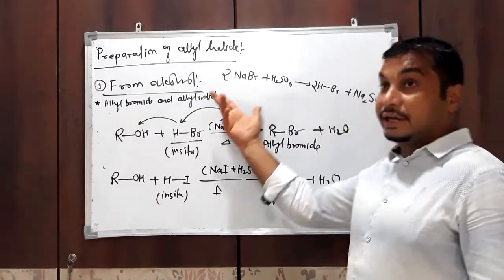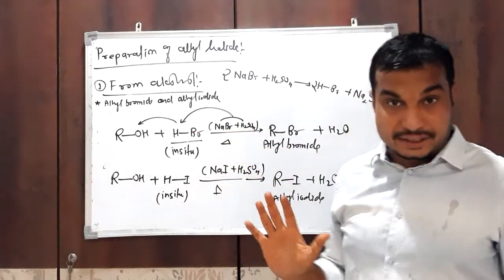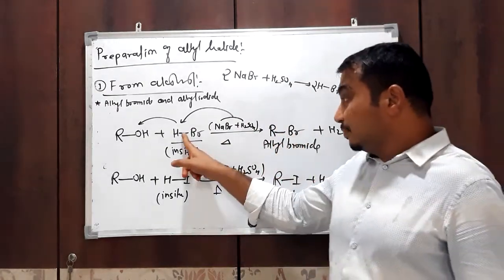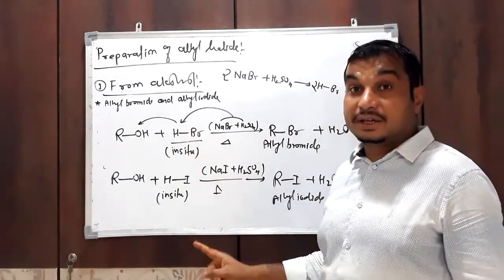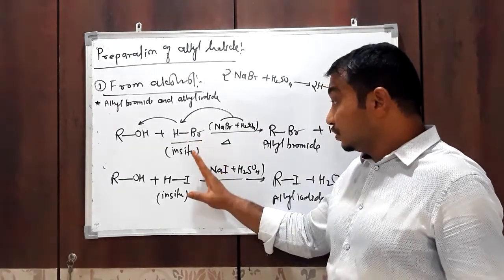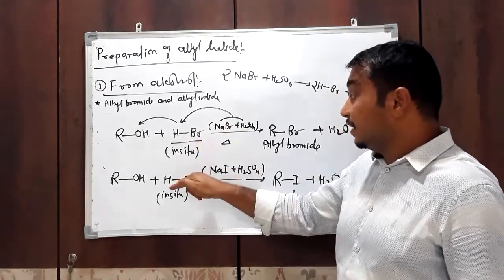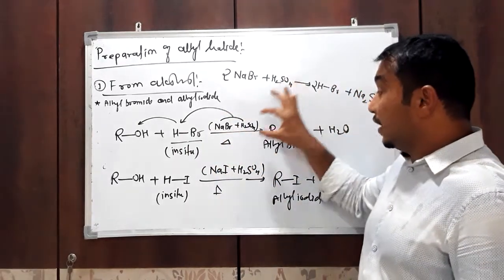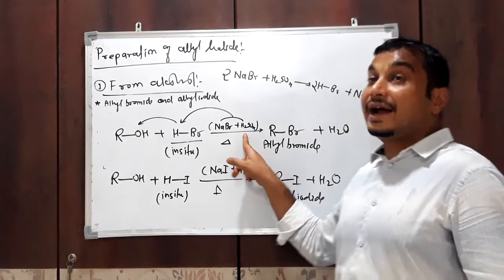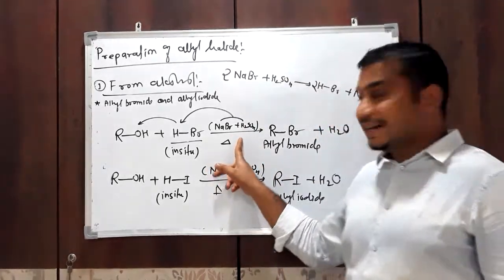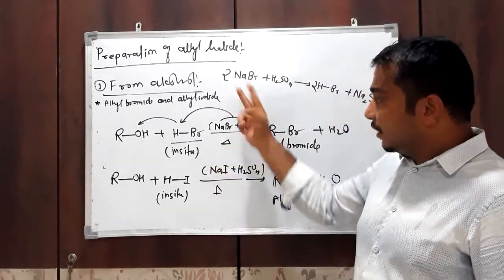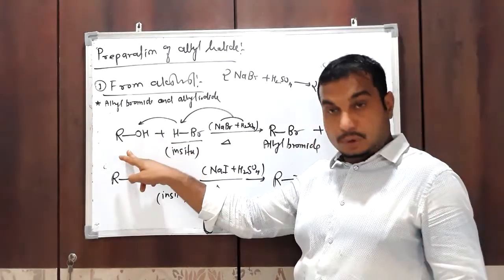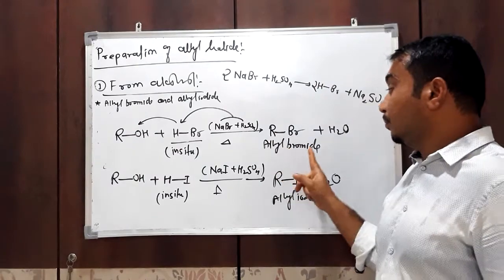So to prepare alkyl chloride, just use Lucas reagent. For preparing alkyl bromide, take HBr, but that HBr is not taken from outside. You have to prepare this HBr inside the reaction mixture by the reaction between NaBr and H2SO4, sodium bromide and sulfuric acid. They will react first, then produce HBr, and then HBr reacts with ROH alcohol, giving our product alkyl bromide.